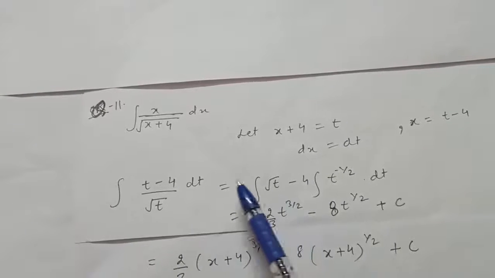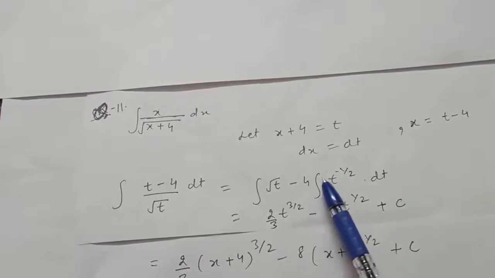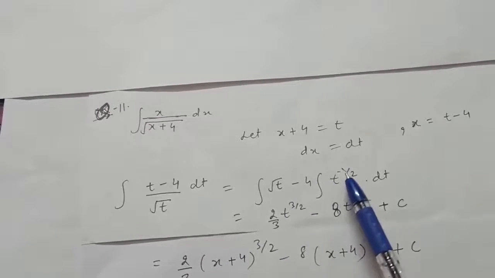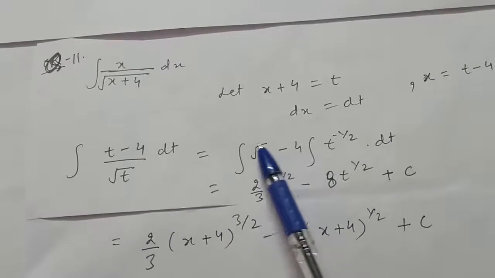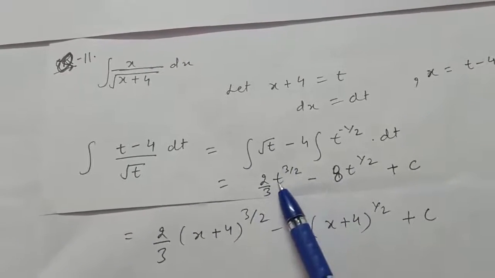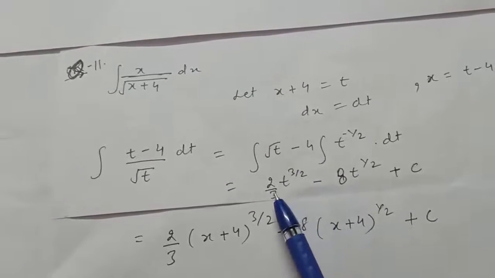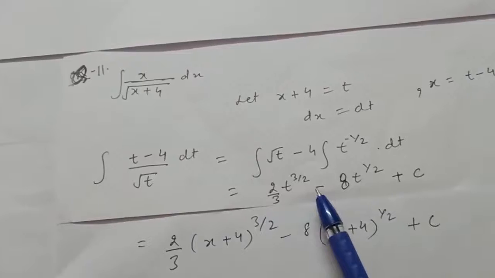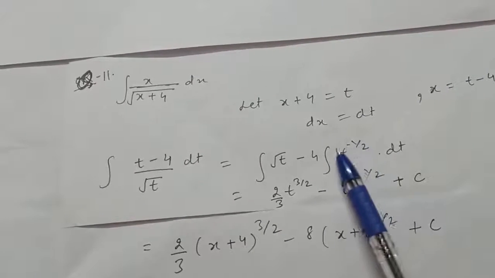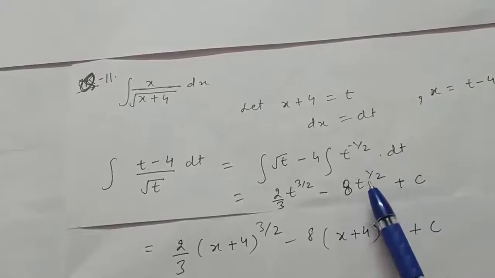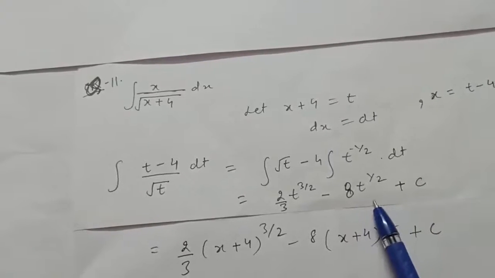So you will get it equal to integral of root t minus 4 integral of t raised to the power minus 1 by 2. Now the integral of root t is t raised to the power 1 by 2 plus 1, that is 3 by 2, upon 3 by 2, minus integral of t raised to the power minus 1 by 2 will be t raised to the power 1 by 2 upon 1 by 2.